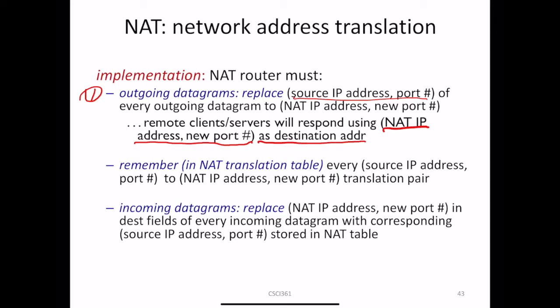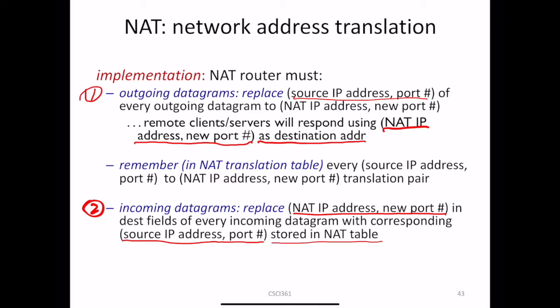Another replacement is this one: for incoming datagrams, we replace the NAT IP address and new port number in the destination fields of every incoming datagram with the corresponding source IP address and port number stored in the NAT table.